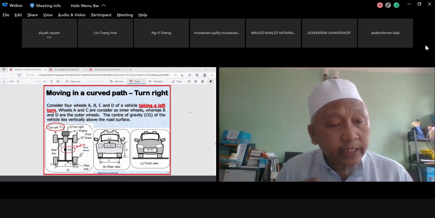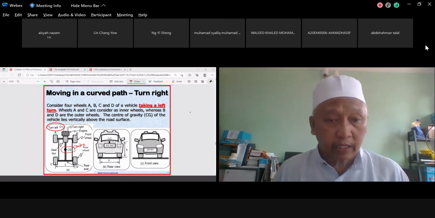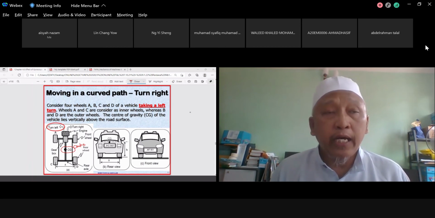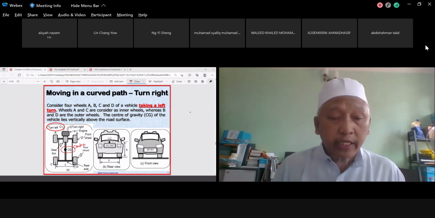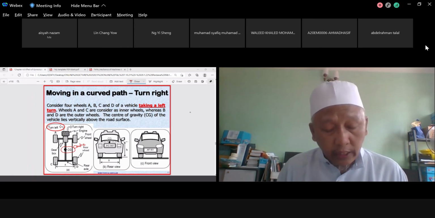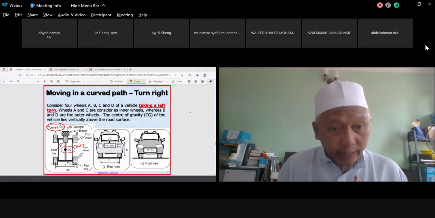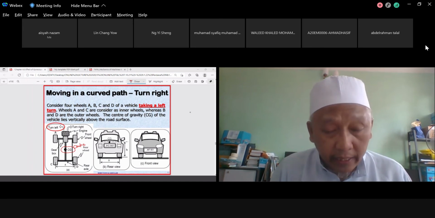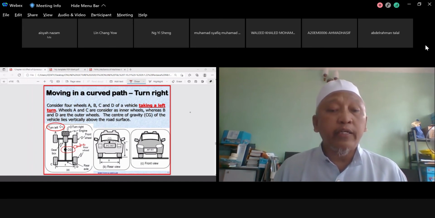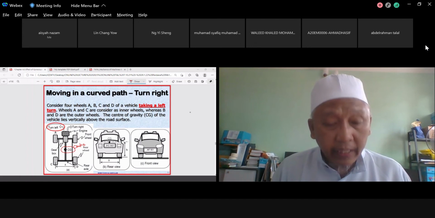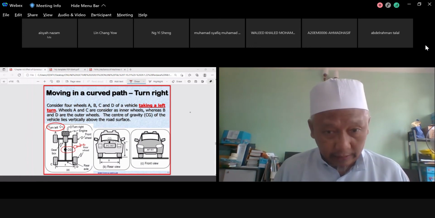The assumption must be based on the actual vehicle. For example, if you're talking about Honda, it is 1/3 and 2/3, so the CG will be 1/3 from the front. In that manner the wheels will not carry the same load, isn't it?